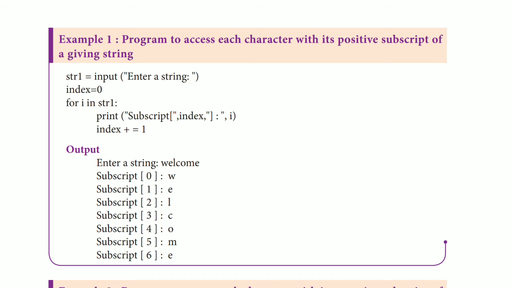The index is a variable that holds the value 0. Here they are using a for loop for getting each letter from the word. For I in str1, print subscript index is 0 here.